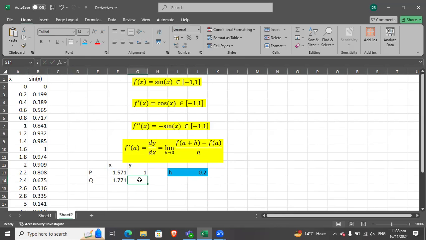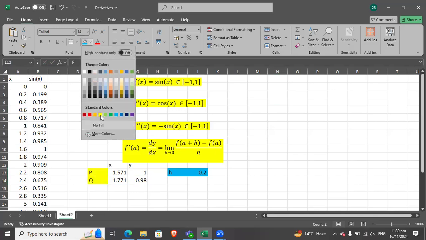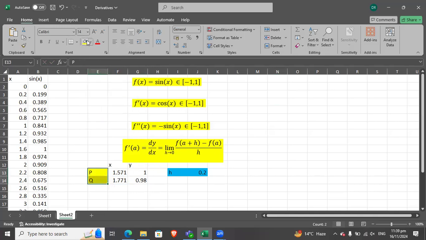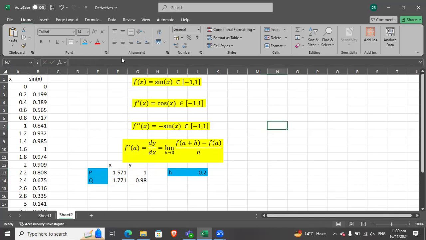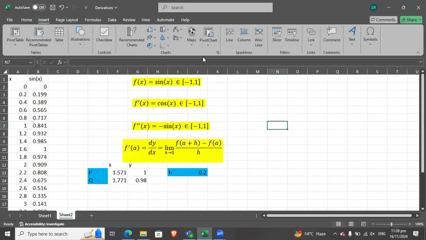So to approximate the secant line as a tangent line in a reasonable way, this should again be computed from sine of x. So let's plot the sine of x curve and the secant line from P and Q. So first the secant line.